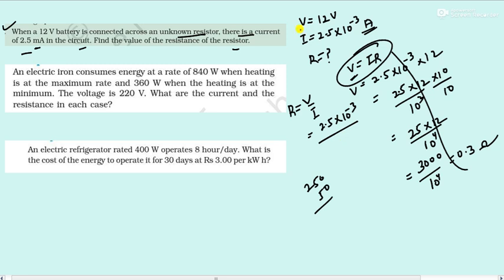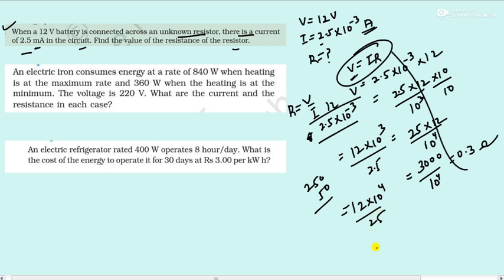I is... where is it? V by I. 12 by this much you have to do, correct? So this becomes 12 into 10 power 3 divided by 2.5. So this is 12 into 10 power 4 and this becomes 25, isn't it?